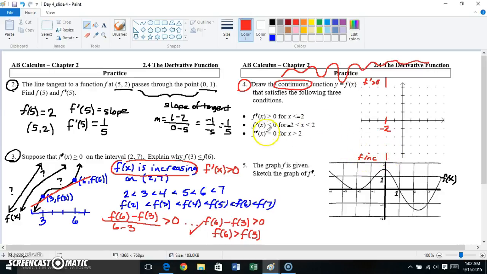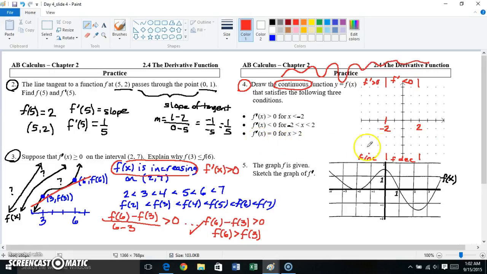I'm just going to abbreviate for us here. f prime of x is less than 0 between -2 and 2. So here's 2. And I know f prime is less than 0. That means the slopes are negative. That means f is decreasing. y values are going down.